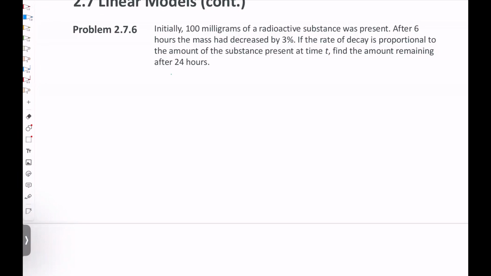conditions are. So radioactive substance, initially 100: the initial value R of 0 equals 100 milligrams. After 6 hours, so R of 6, the mass decreased by 3%. So that is 100 milligrams as original times 0.97.